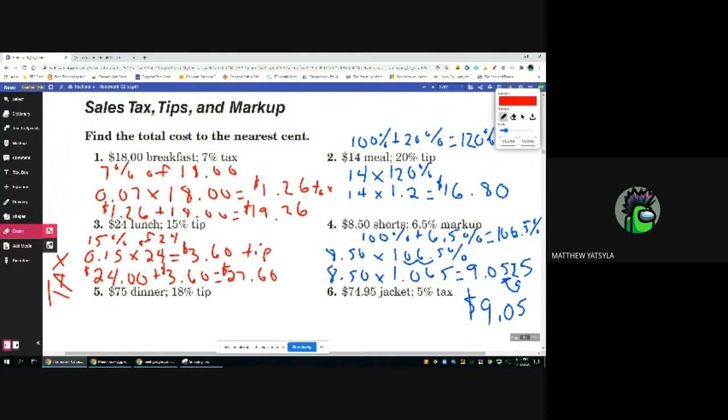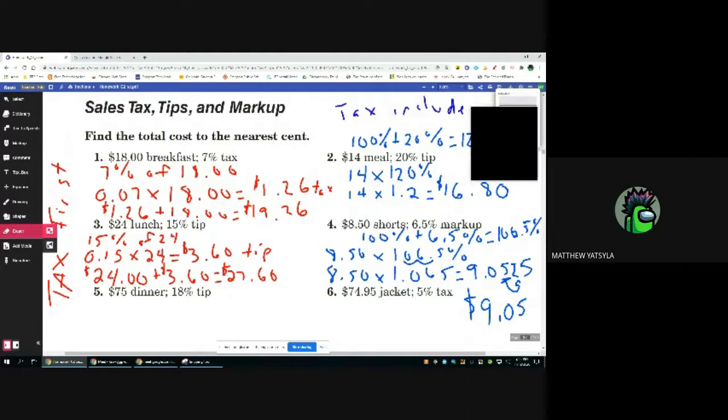Let's actually put this tax first. Or we could go on this side where we have tax included. All right, so it's entirely up to you. They both do the same job.